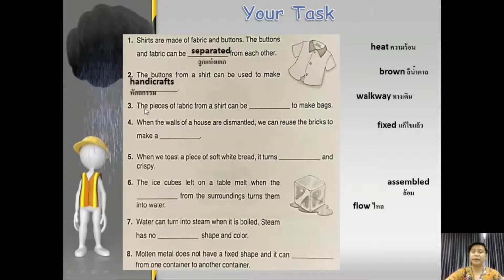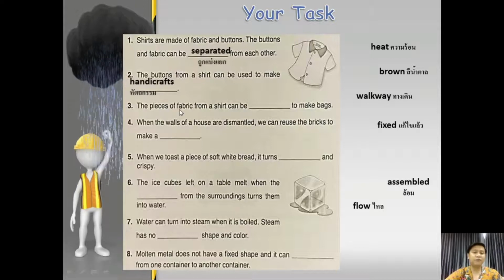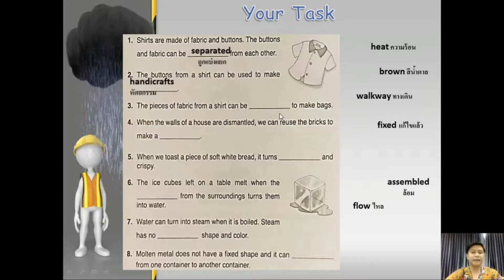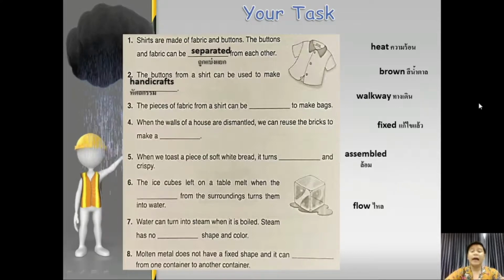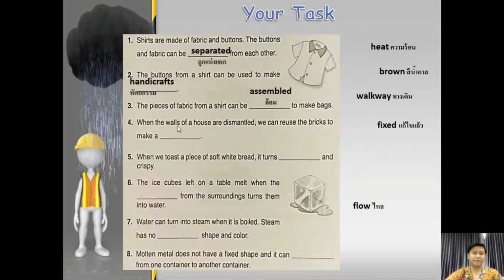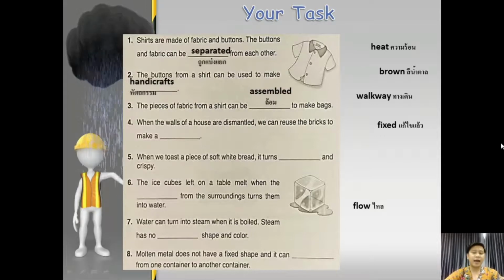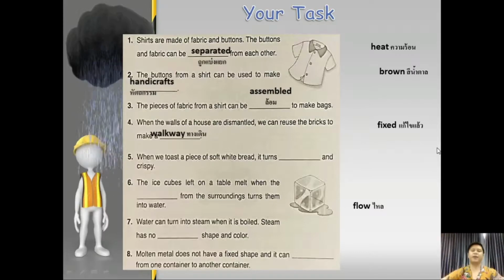Number 3. The pieces of fabric from a shirt can be blank to make bags. So what is the correct answer? Assembled. Next, number 4. When the walls of a house are dismantled, we can reuse the bricks to make a walkway. Very good.